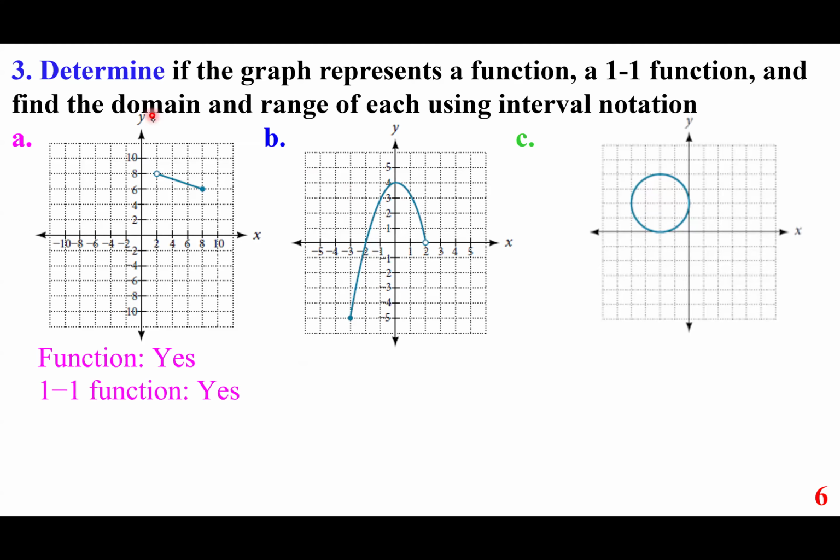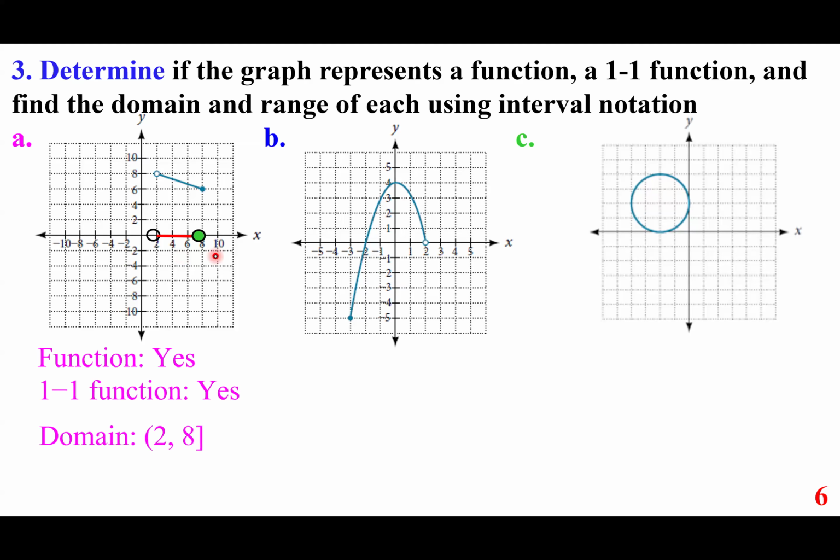Now, what is the domain? You lay this down along the x-axis. So if I were to lay it down along the x-axis, it would cover from here to here, where this one is not covered. So therefore, it goes from 2 to 8, parenthesis 2, comma 8 bracket.